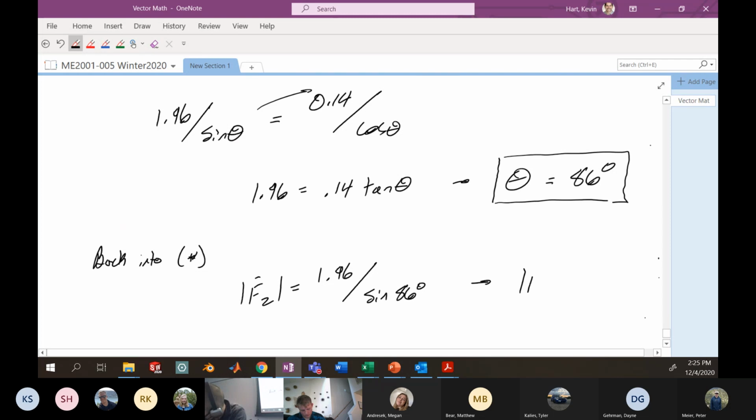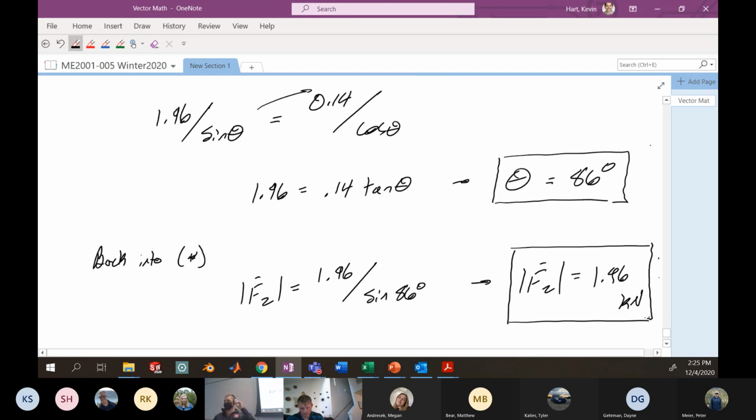And you find that the magnitude of F2 here is 1.96 kilonewtons. Since the sine of 90 degrees is approximately equal to that, it makes sense. This is your final answer: your force F2 would have to have a magnitude of 1.96 kilonewtons, directed at this angle of 86 degrees from the vertical, not from the horizontal.